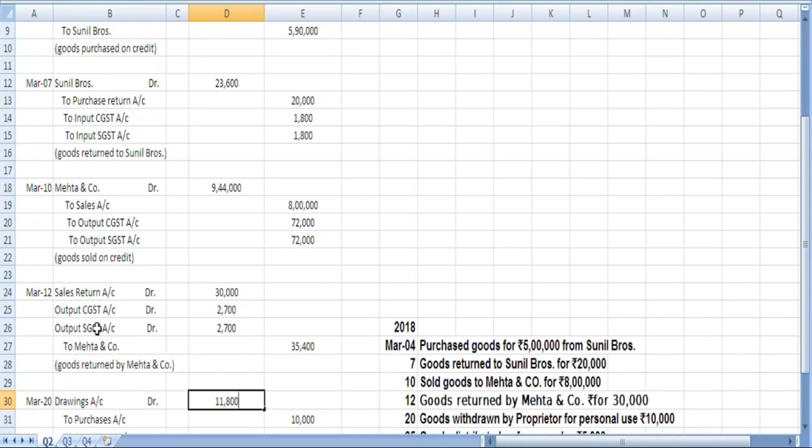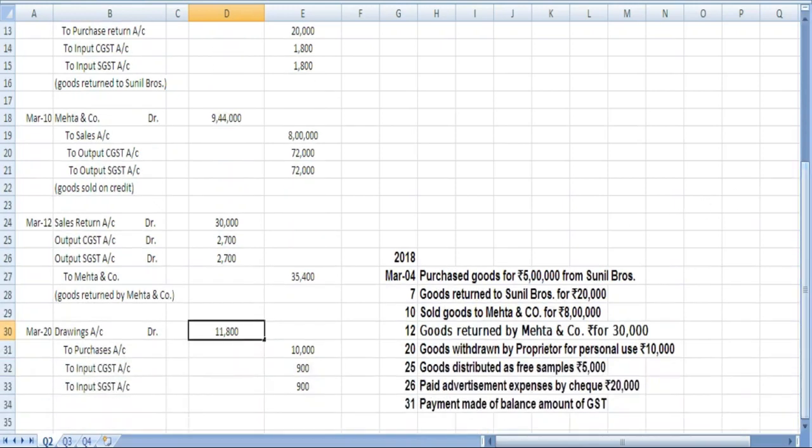Whenever there is a return, with the same percentage we will debit whatever was credited. Okay, so we'll write a narration for this: goods withdrawn for personal use.